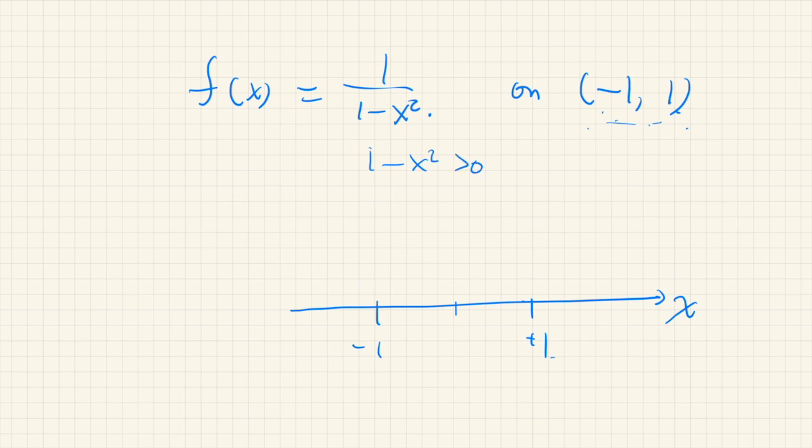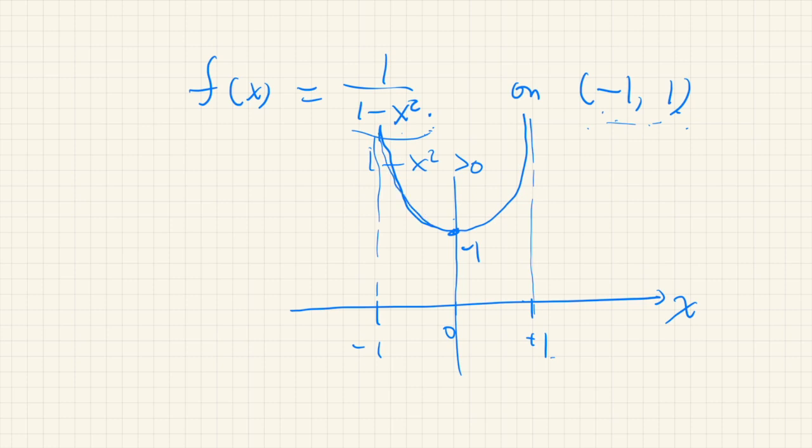And as x goes to +1, this denominator converges to 0. That means this entire function diverges to positive infinity. And when x is equal to 0, then this is 1. The graph doesn't look very good, but anyway, it takes the value 1 somewhere here, and it also diverges to positive infinity as x approaches -1.